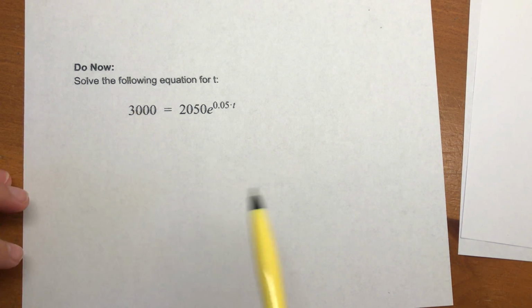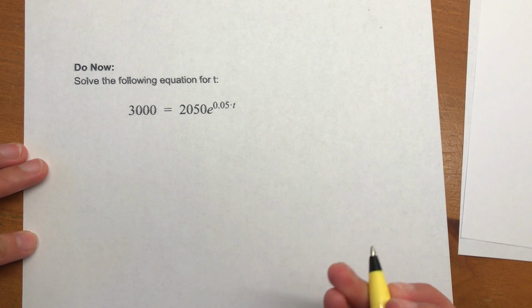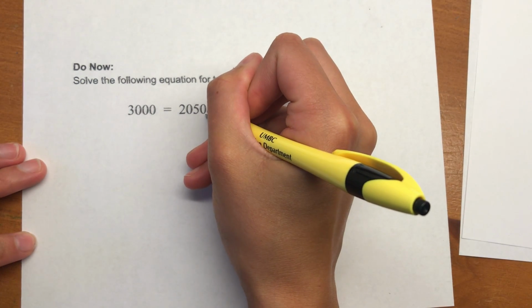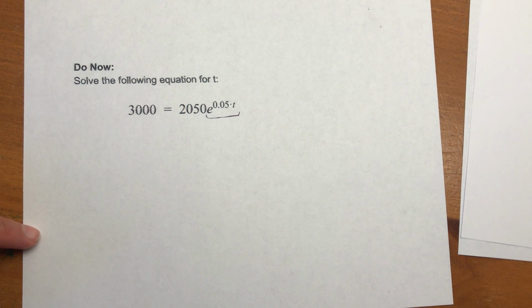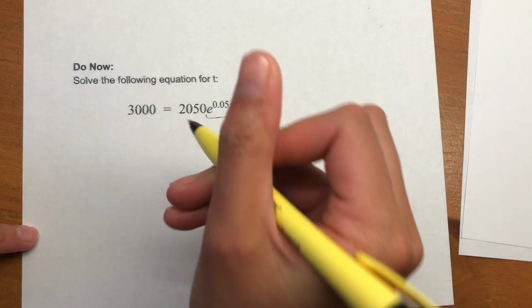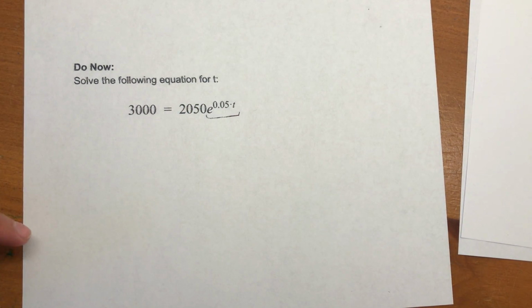So to solve this equation for t, step number 1 is to isolate the exponent. This is my exponent, e to the 0.05 times t. In order to isolate that exponent, I'm going to divide both sides by 2050.